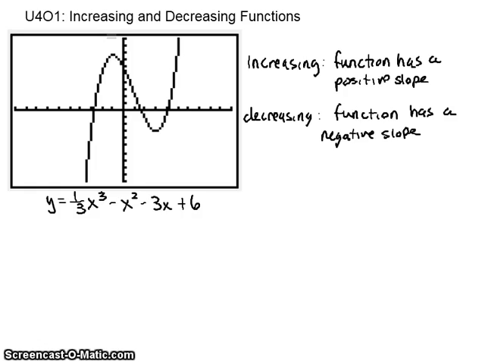This part here, my function's increasing, its slope is positive, and then again from here to here, my function's increasing because its slope is positive. And in between there, we have a spot where our function is decreasing because it has a negative slope.